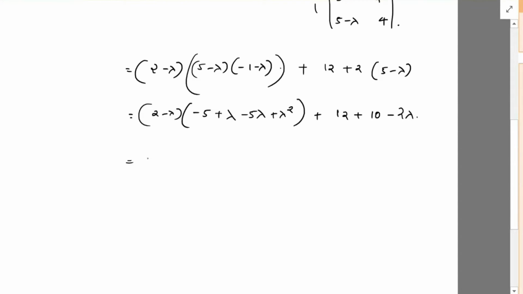So which will be equal to 2 minus lambda into lambda square minus 4 lambda minus 5 plus 12 plus 10, that is 22, minus 2 lambda.